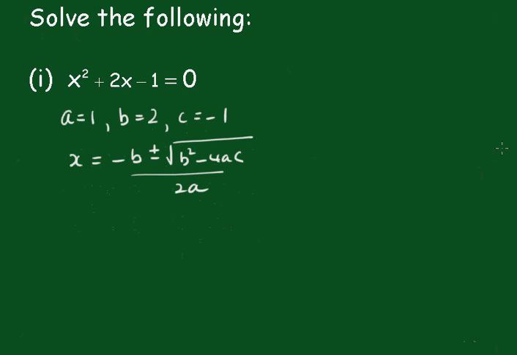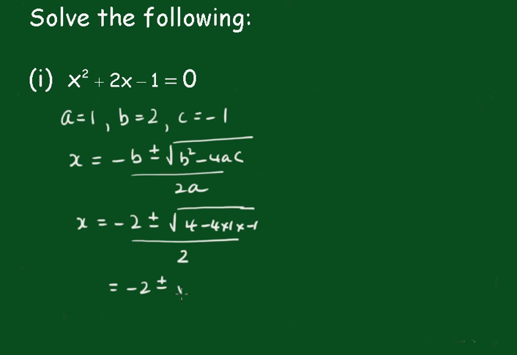So substituting those values in, we get x equals minus 2 plus or minus the square root of 2 squared, which is 4, minus 4 times 1 times negative 1 all over 2 times 1, which is 2. That's minus 2 plus or minus square root of, now this is 4 minus, and a minus gives you a plus, so it's 4 plus 4, which is 8 over 2.